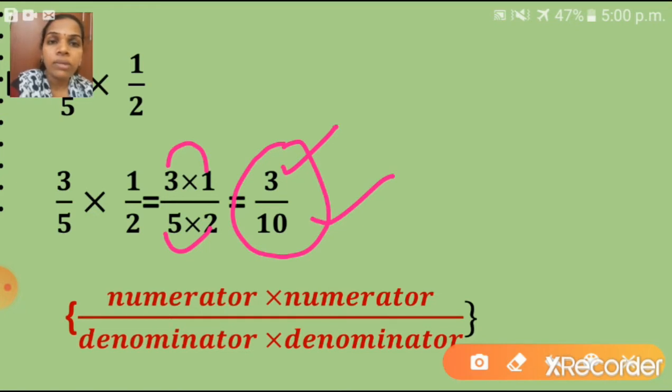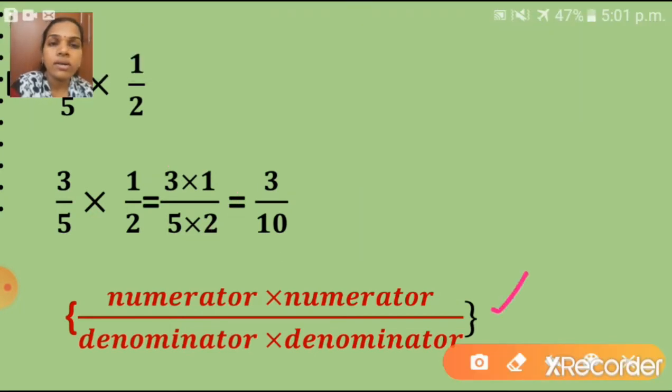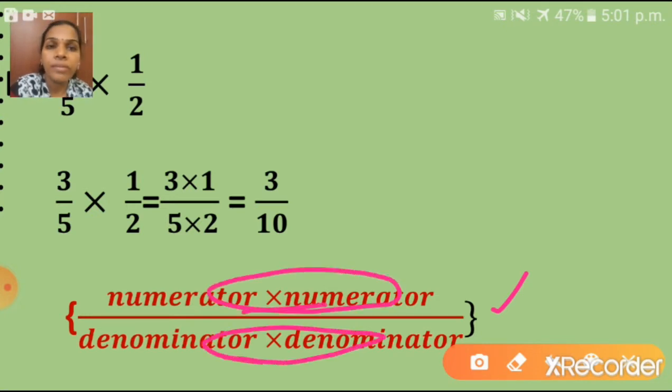You just have to multiply the numerators, and write the product of the denominators upon it. If you have a common factor, you have to simplify the fraction with the help of that common factor. Understood, children? So see here, numerator into numerator upon denominator into denominator, that means product of numerators upon product of denominators.